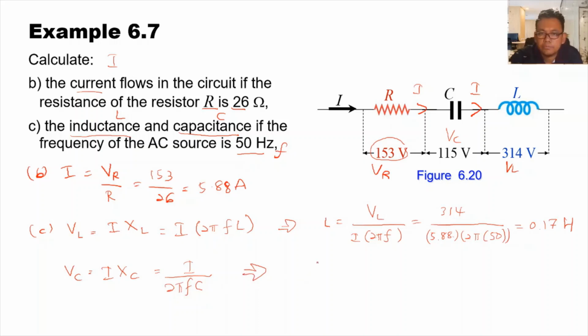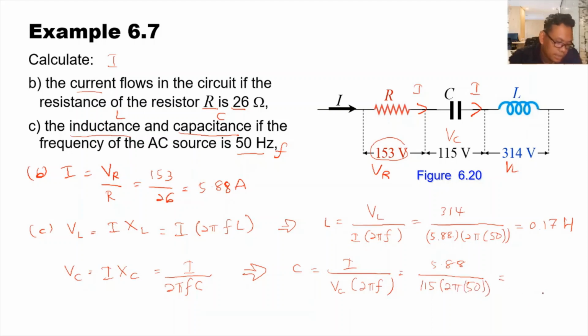So we bring C to the subject, and the equation will be like this: C equals I divided by VC times 2 pi F. Okay, we substitute the values again, 5.88 divided by VC, which is given as 115, frequency 50, and we get 1.63 times 10 to the power of -4 farad.